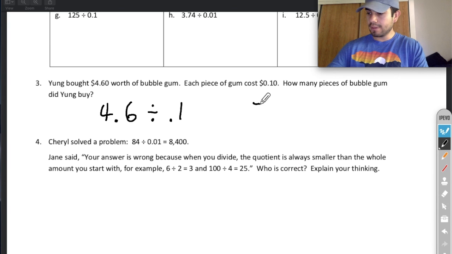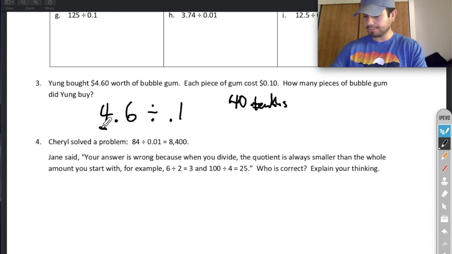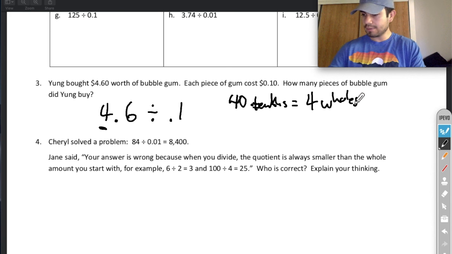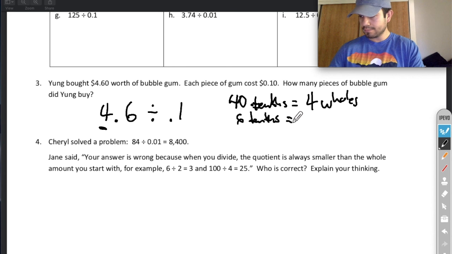If I solve it the way they were doing it, I know that it's going to be 40 tenths from that 4, which is equal to 4 wholes. And then I'm going to have 6 tenths, which is equal to 6 tenths.